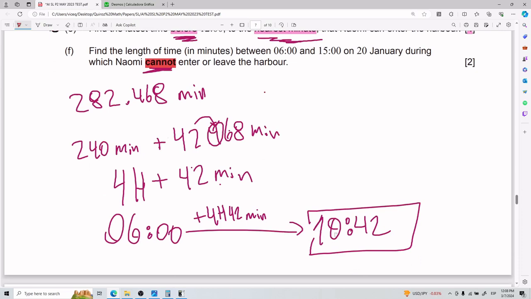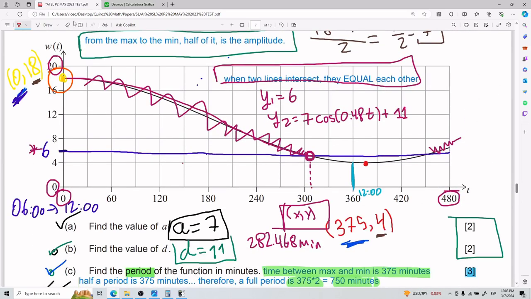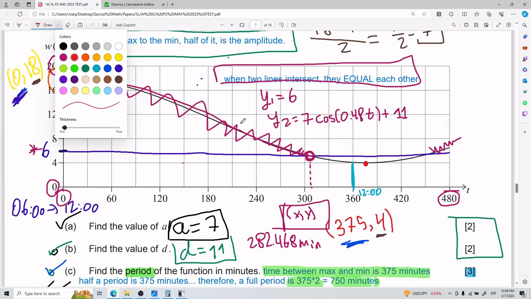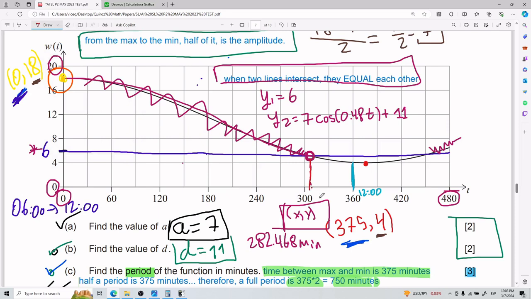We just found that at 10:42 and before that she can enter or leave. So right here is the famous 10:42. That thing in blue is 12 o'clock, and this is going to be my length of time.